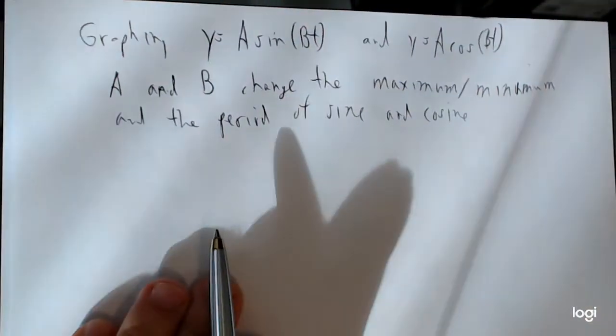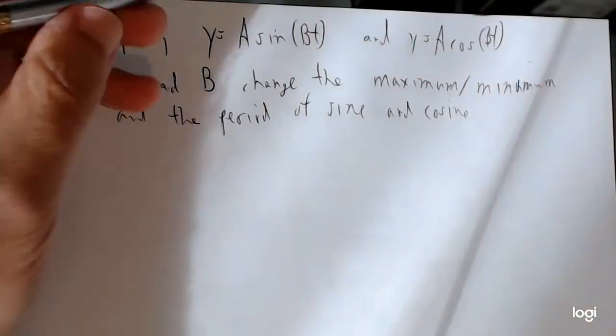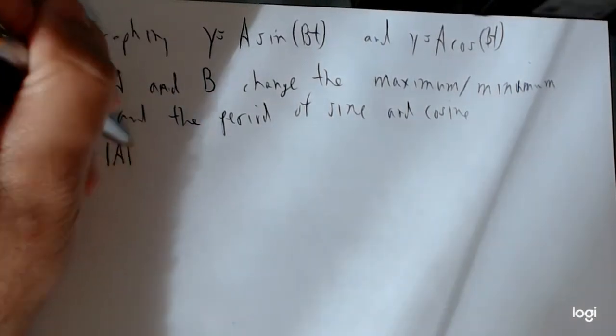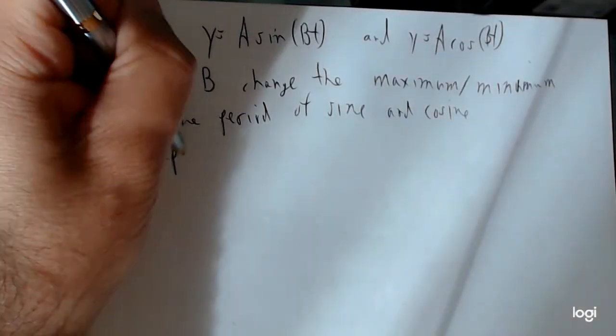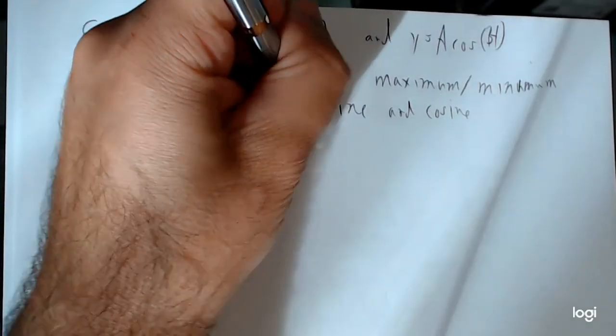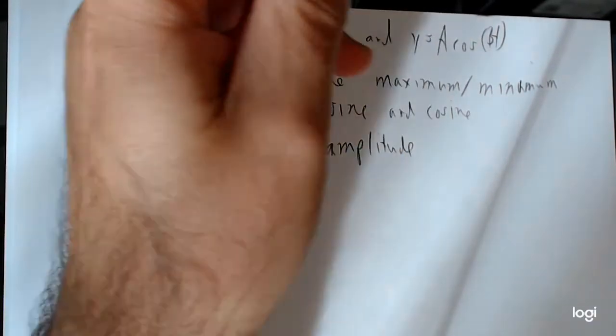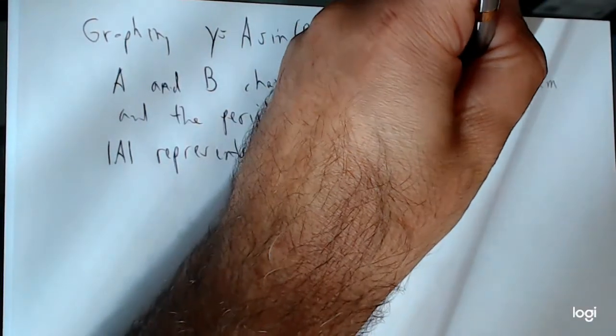Okay, so let's talk about the a first here. The absolute value of a represents the amplitude of sine and cosine.